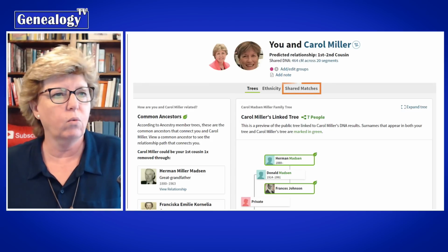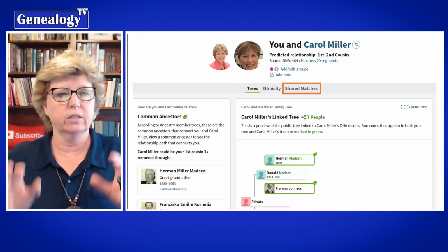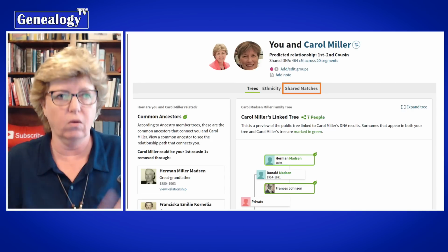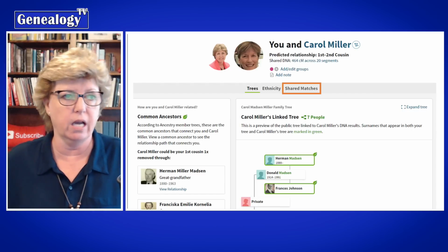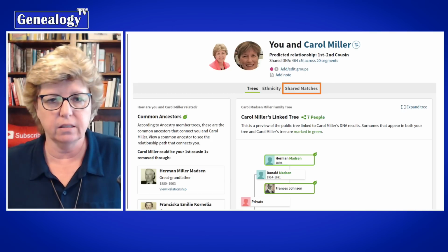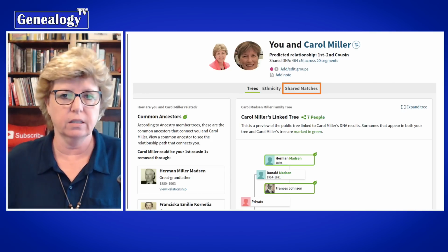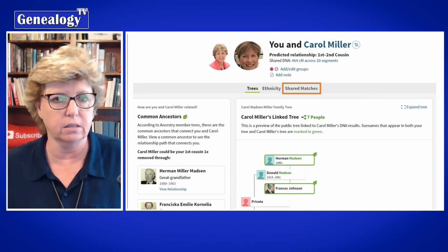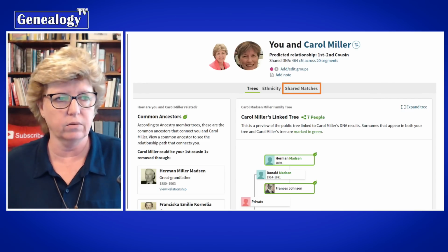And so the real gold here is clicking on the Shared Matches tool. So now I know that Carol is in the Madsen line because Herman and Frances Madsen are our common ancestors. So I'm going to mark Carol as being a Madsen descendant, right?